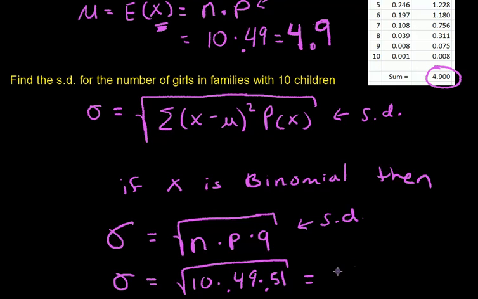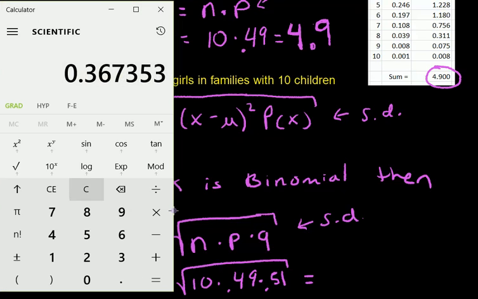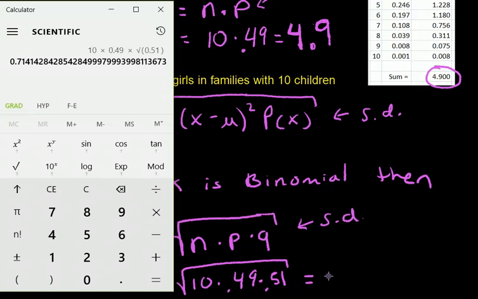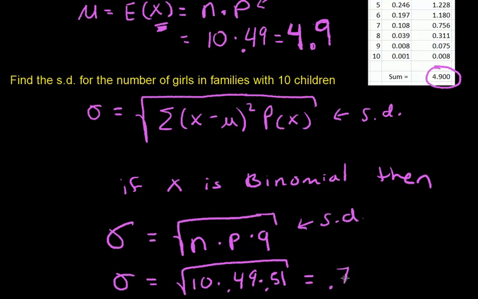Let's throw that into a calculator: 10 times 0.49 times 0.51, and then take the square root of that. You get 0.714. So the standard deviation for the number of girls in families with 10 children is 0.714 girl.